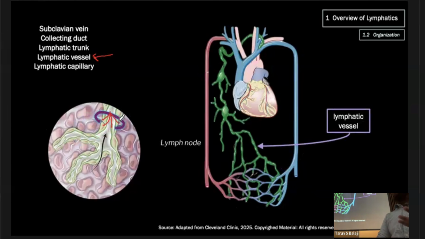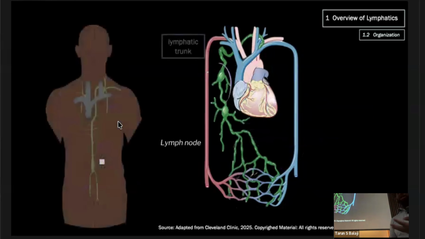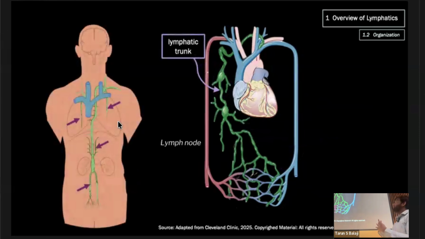Now, if we're building up, a bunch of lymph vessels are going to join to form a lymphatic trunk. Again, these are responsible for draining a particular body region. One good example of a lymphatic trunk is all of this in your small intestine. All of these are going to drain chyle, and this is the only lymphatic trunk that you'd be expected to know.